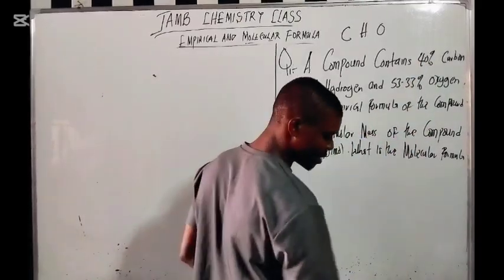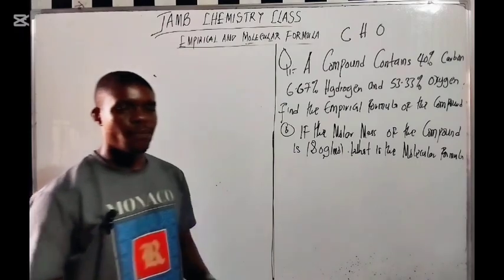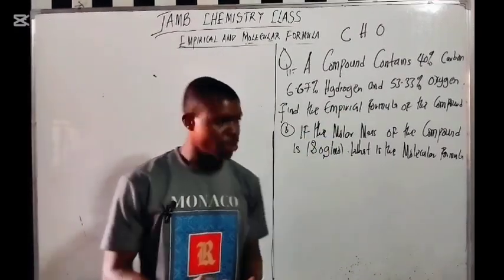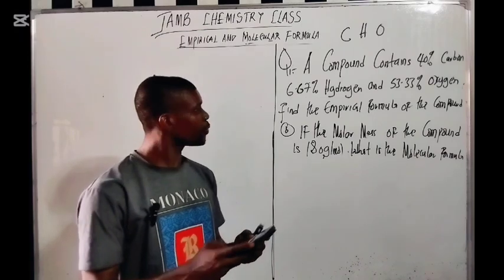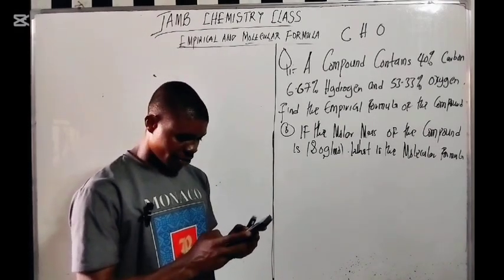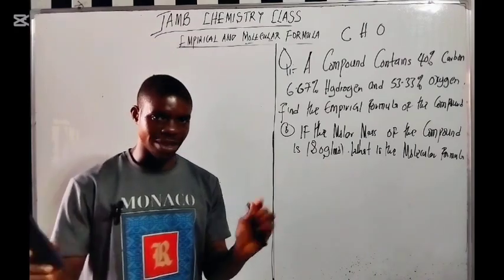So when the question is being given to you, if it's percentage, the first thing to do is sum all their percentages. So here we have 40 plus 6.67 plus 53.33. Everything is 100, right?